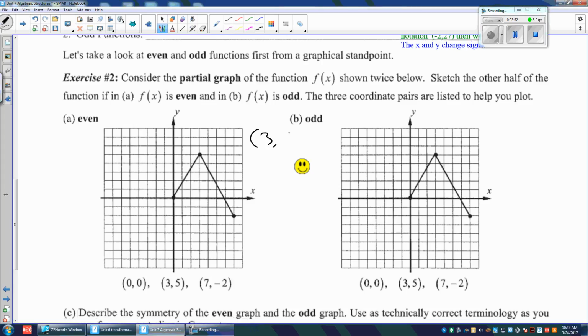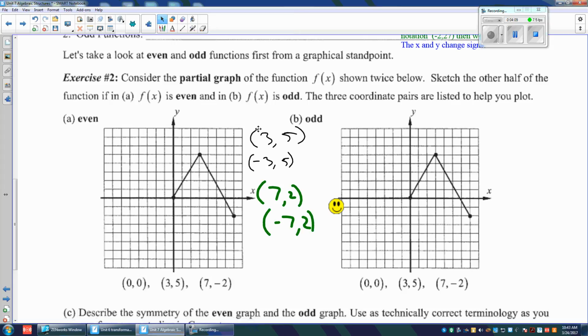Write down the point 3, 5, and that's going to change to negative 3, 5. What about the point 7, 2? The point 7, 2 is going to change to negative 7, 2. So let me see if that was plotted correctly. It says 7, negative 2 goes to negative 7, negative 2.